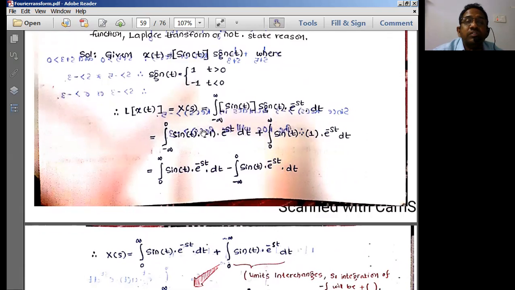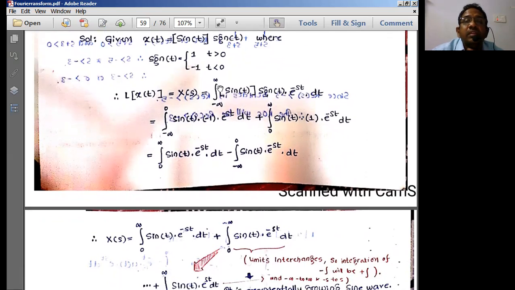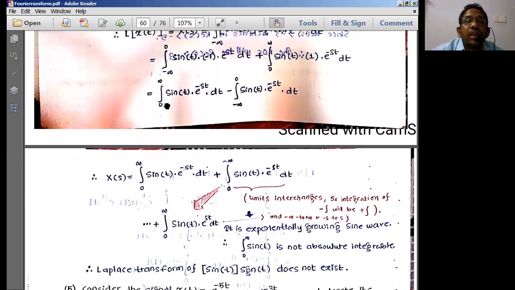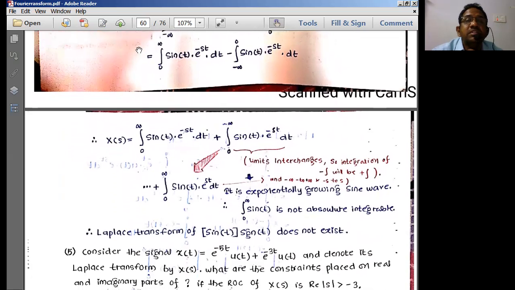So minus infinity to 0, e power minus st into minus 1. Similarly, for positive 0 to infinity limits, it is going to be 1. So I can write this as the integral of e power minus st minus the integral of e power minus st, but the limits are different here.